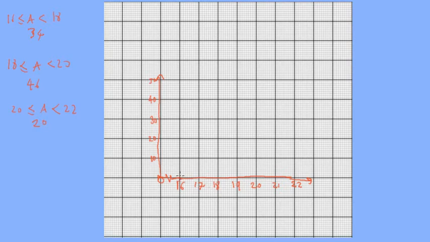So for 16 to 18 we had 34, so it's going to be up here, and it's up to 18. When you do this yourself, you'll need to have rulers and just make sure it's really quite clear what you're doing. Then for the next class, 18 to 20, we have 46. It's about there. And the final class, 20 to 22, we had 20.